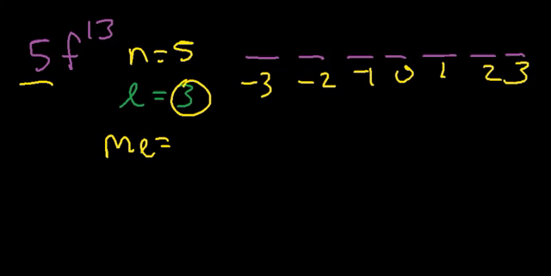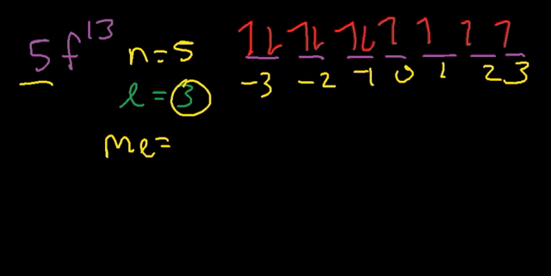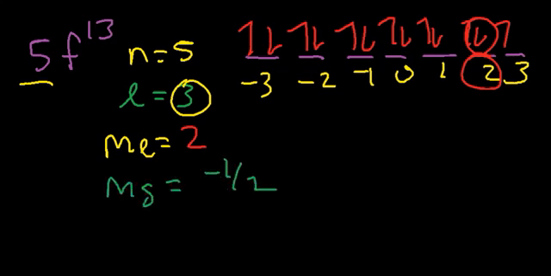So we're interested in the 13th electron. 1, 2, 3, 4, 5, 6, 7, 8, 9, 10, 11, 12, 13. There it is. And it landed in this orbital, so ML is 2. And it's a down arrow, so the electron spin is -1/2. So that's how you could find the 4 quantum numbers given the electron.